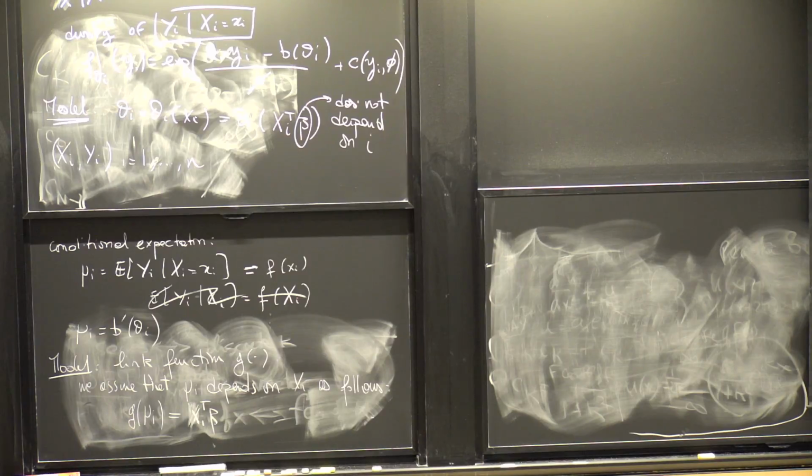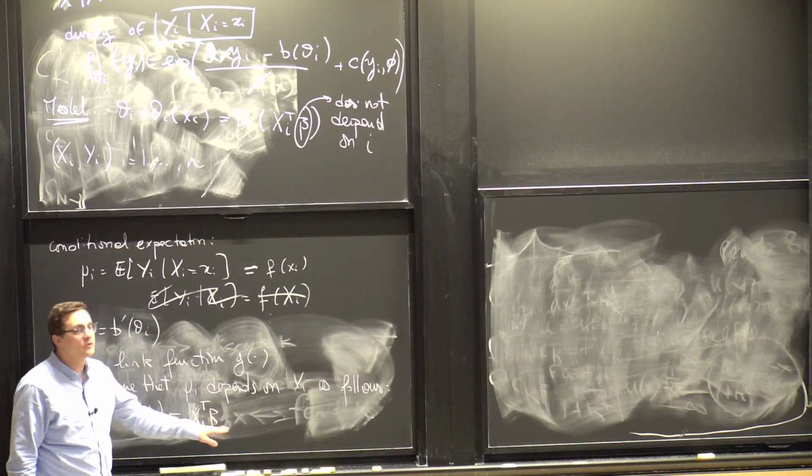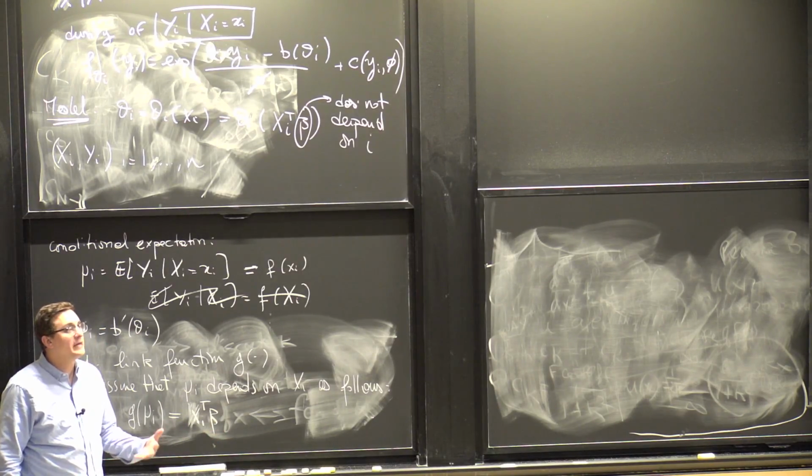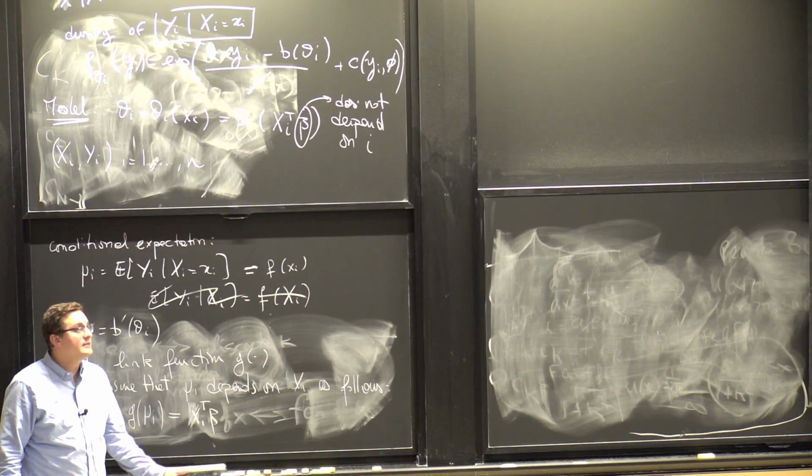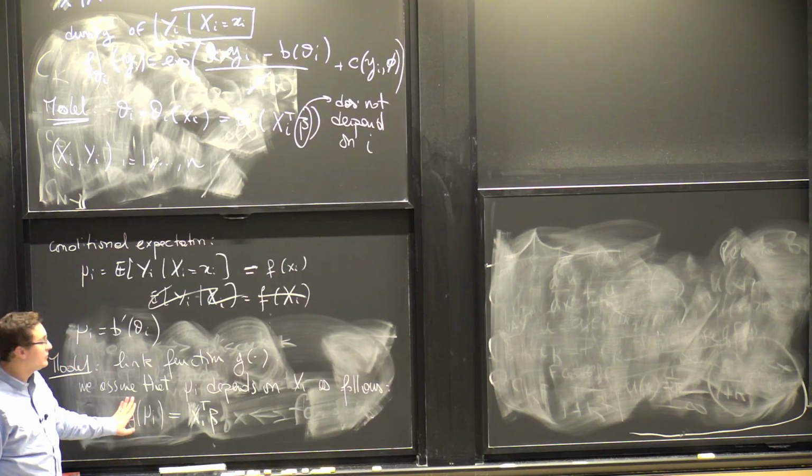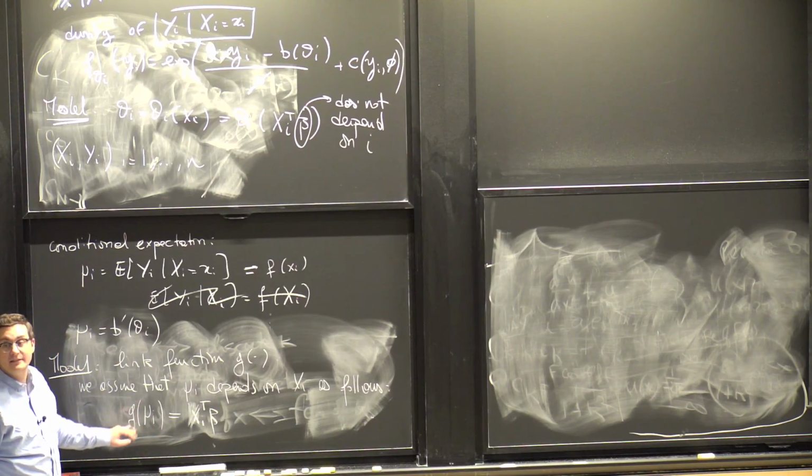So we're making indeed some modeling assumption, but compared to the linear regression model, where we only assumed that mu_i was x_i transpose beta, the only difference is that g is not necessarily the identity in this case.